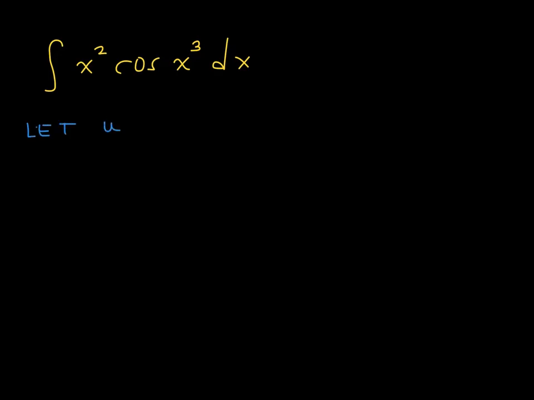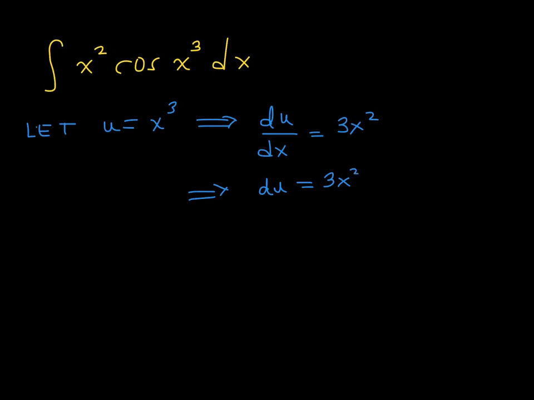If u equals x cubed, then du dx is 3x squared, which implies that du is equal to 3x squared dx. I don't have 3x squared dx in my integrand, so let me divide both sides by 3. So du over 3 is equal to x squared dx. And I do have x squared dx in my integrand.